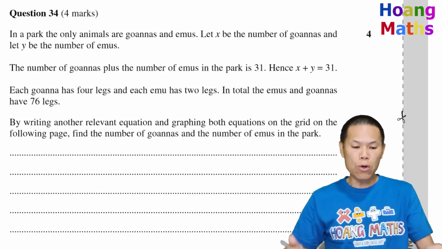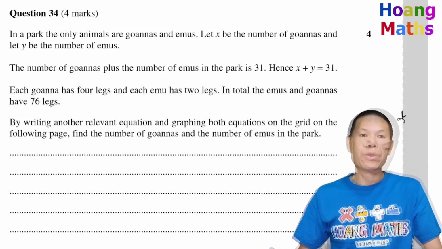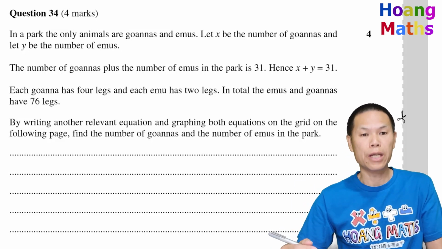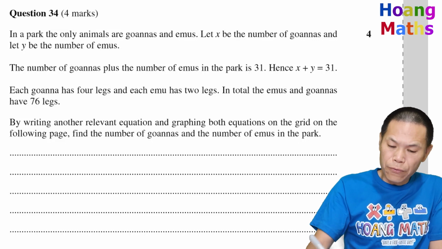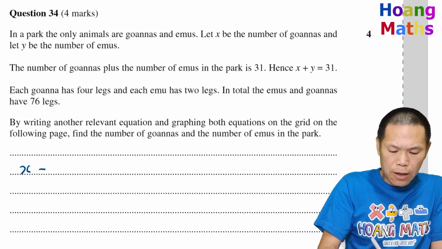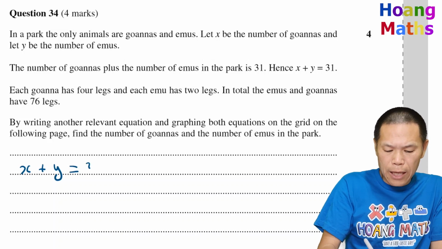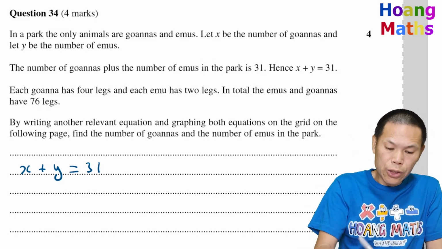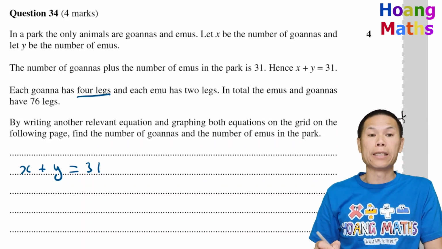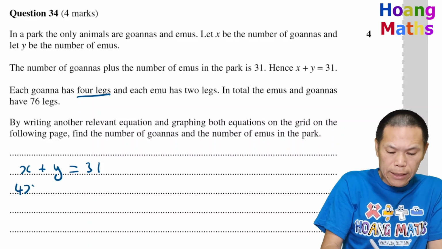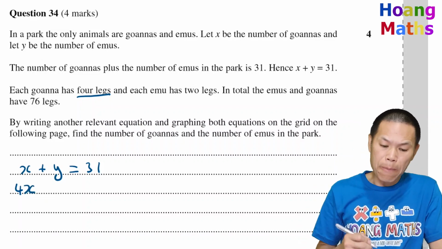So first of all, we know that x is the number of goannas and y is the number of emus. We first note that the first equation is x plus y is 31. And the other condition is each goanna has 4 legs. So x goannas will be 4x legs, okay?